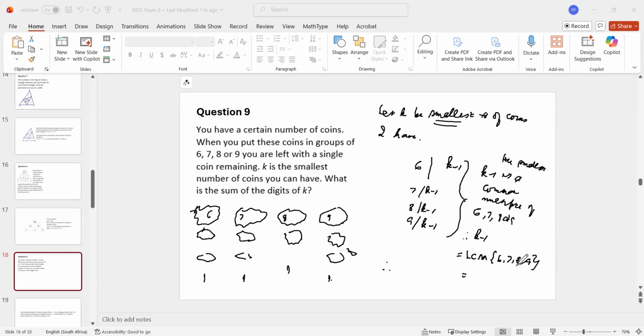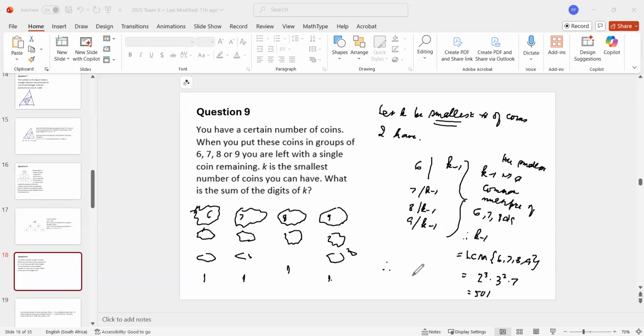Now, if you want to know, it's 2 cubed times 3 squared, 9, and there is 7. 6 goes into all these things. And if you work this thing out, you get 504. 8 times 9 is 72, so it's 504.